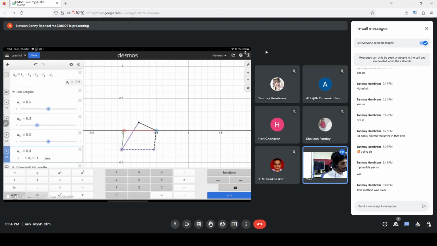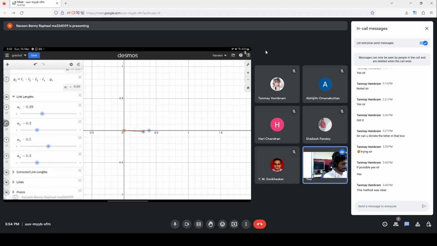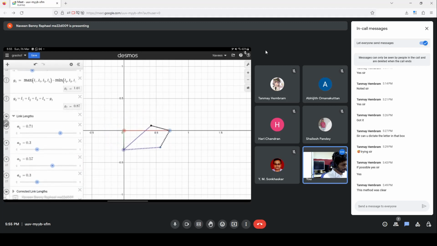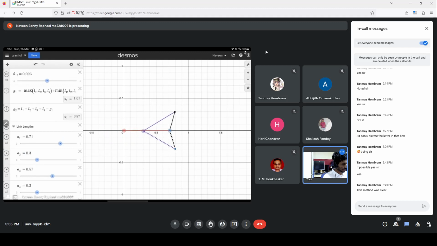And if you break Grashof's criterion, you will notice that both the green and the black will only be able to rock for certain values. So that is the concept I wanted to show about Grashof's criterion from the last class.